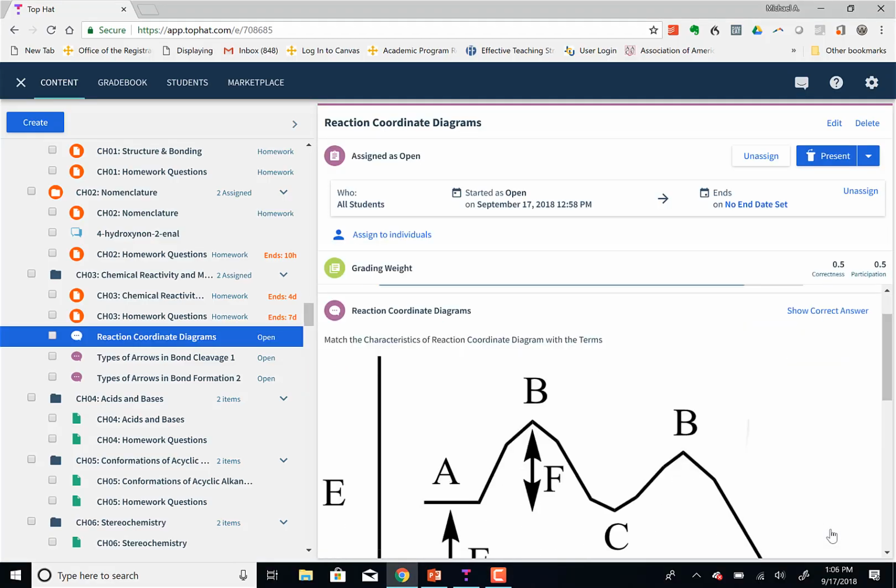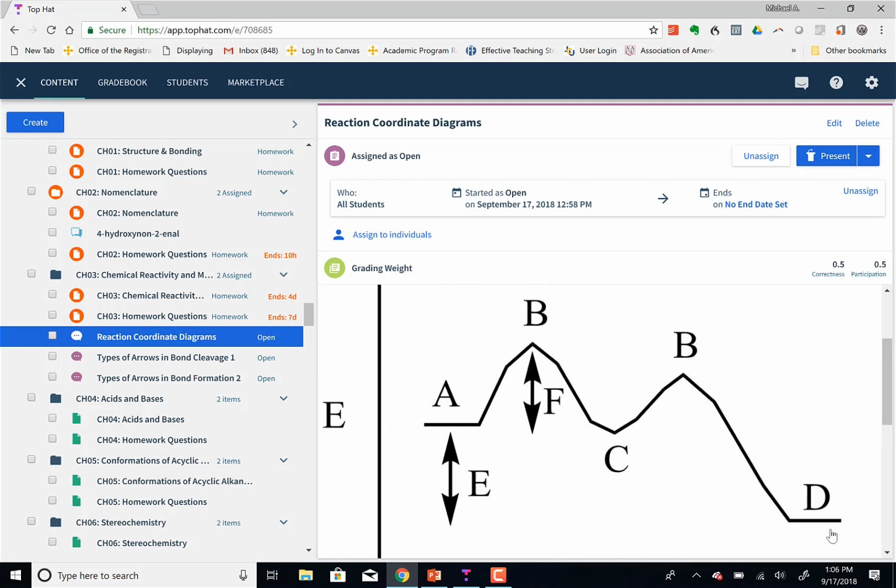Okay, so we went over this question on Friday, but this was part of the overall reaction mechanisms in chapter 3. So what's A? Reactants. B. Transition state.